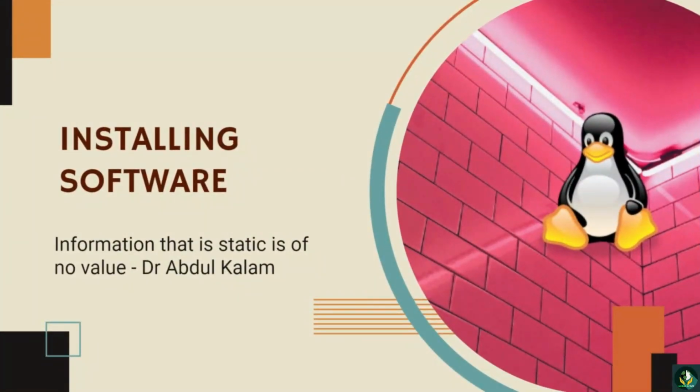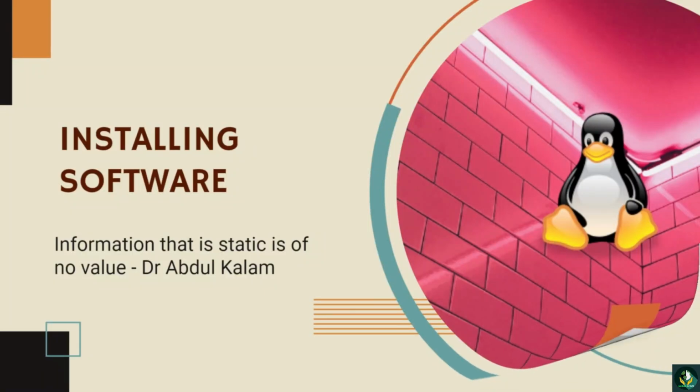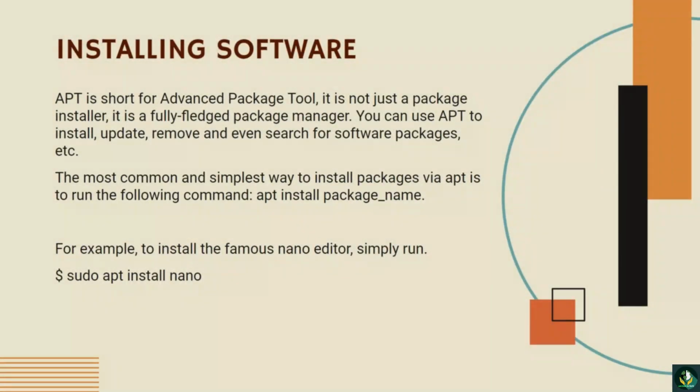Welcome back. In this section, we are going to see installing software. APT is short for Advanced Packaging Tool. It is not just a package installer, it is a full-fledged package manager. You can use APT to install, update, remove, and even search for software packages.